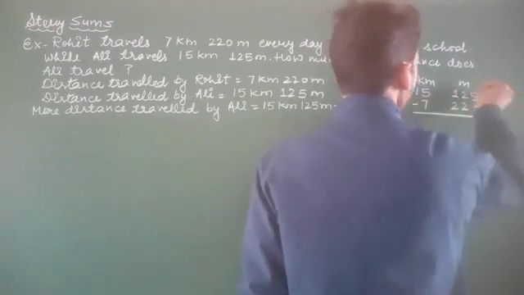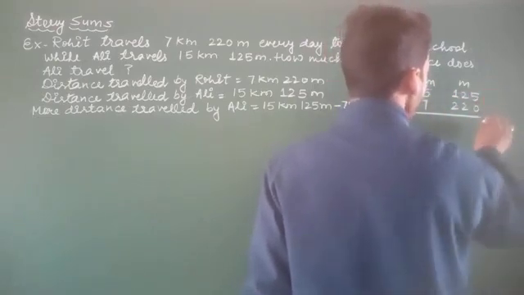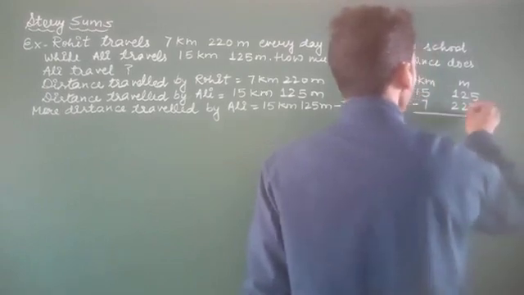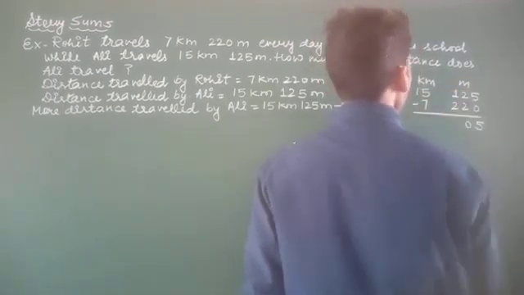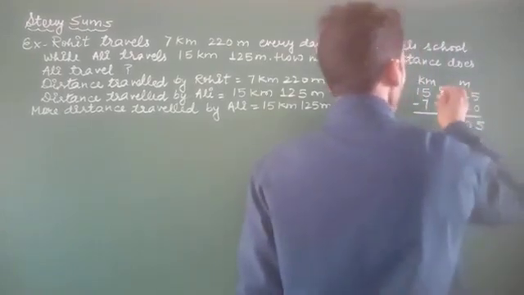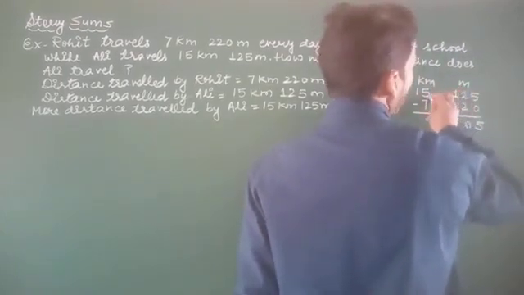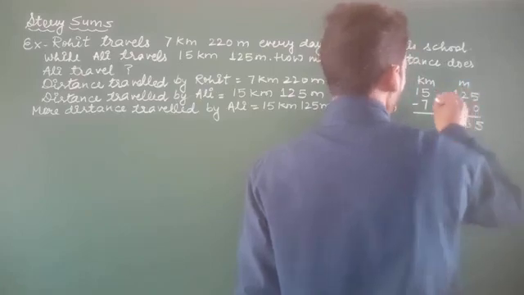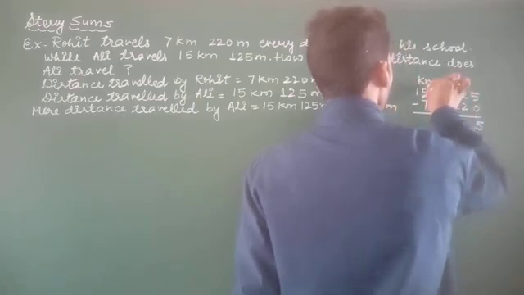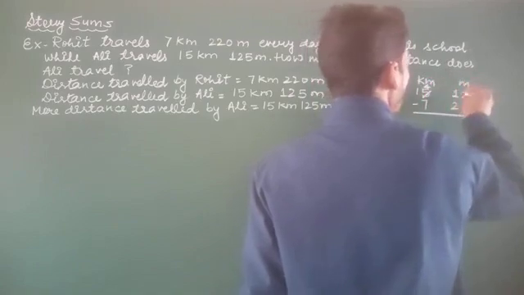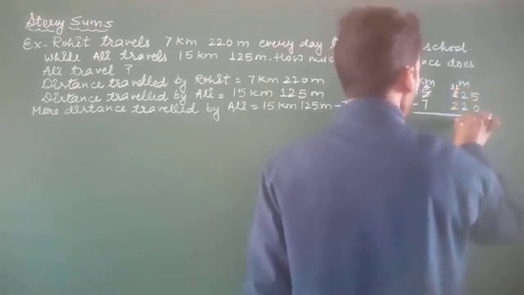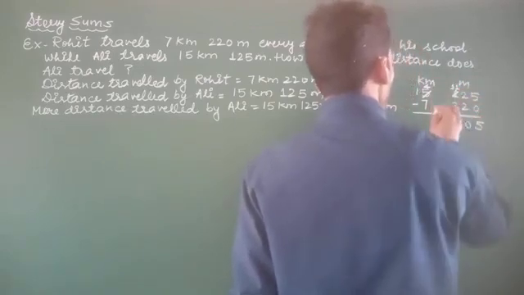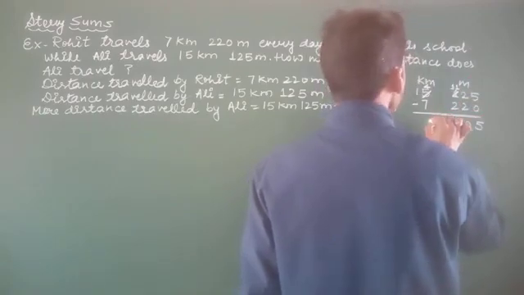5 ones minus 0 ones, that is 5 ones. Here 2 minus 2 is 0, and here 2 can't be subtracted from 1. So regroup 15 kilometer 1 meter to 14 kilometer and 11 meter. Now 11 minus 2, that is 9, and 14 minus 7, that is 7.